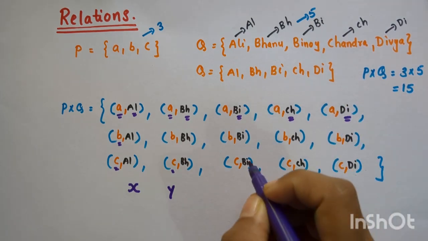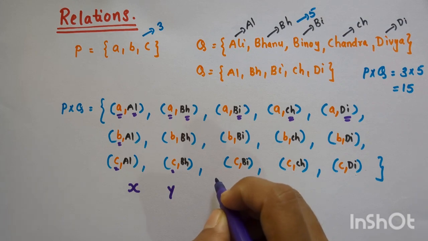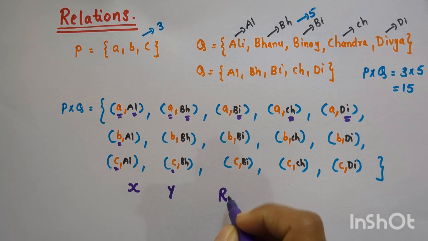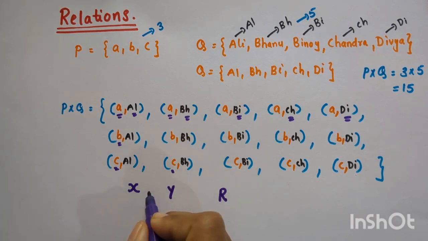Now let us introduce a relation, which is represented with the capital letter R. Let us introduce a relation between the first element X and the second element Y of each ordered pair.